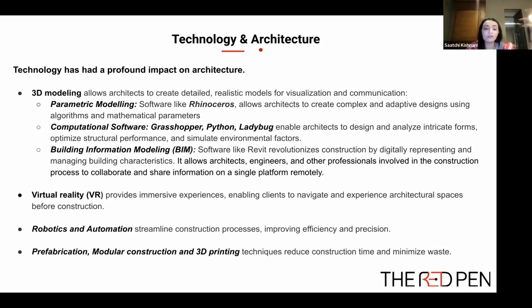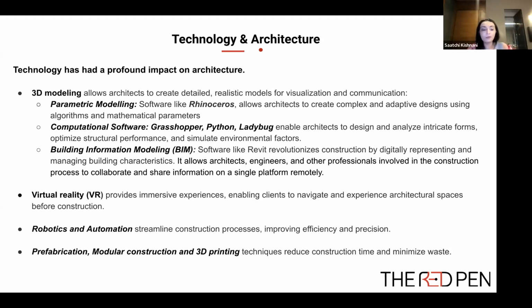And it really gives a client a very immersive experience. Robotics and automation, again, is something that's big in architecture today and important to know about, because it streamlines the construction process, improves efficiency and precision.